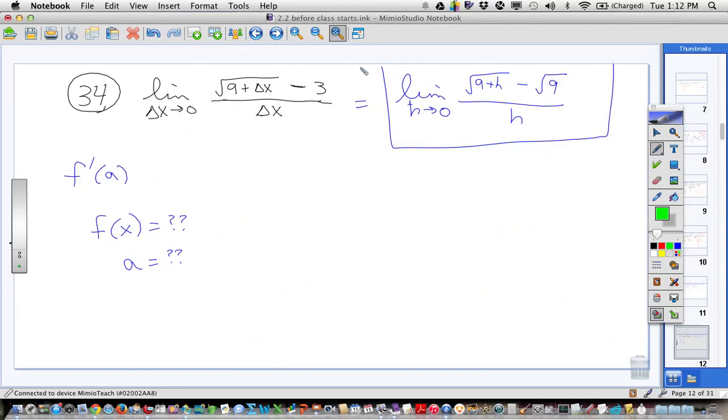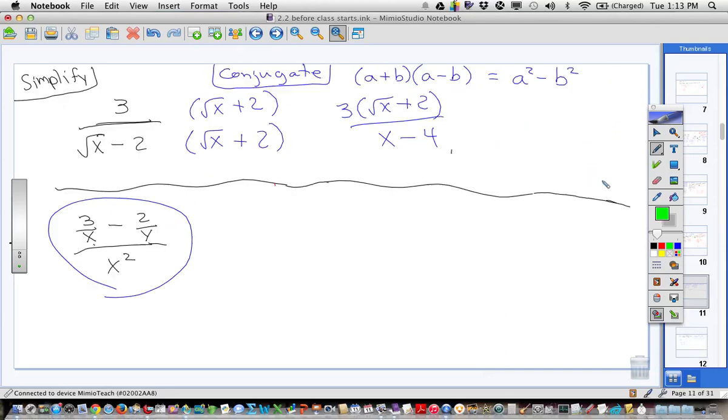So it looks to me like this is the a right here. Because isn't it f of a plus h minus f of a? That's right. So doesn't this have to be the 9? So I think this was f prime of 9. And I think the a, yeah, the a is a 9. So you're supposed to identify the a. Now what was the function?